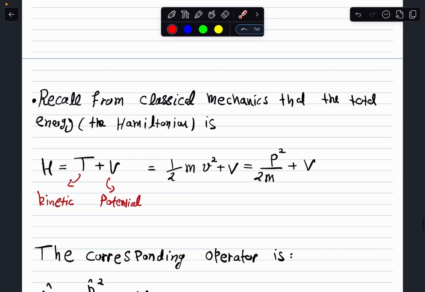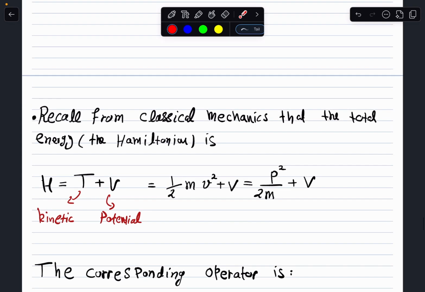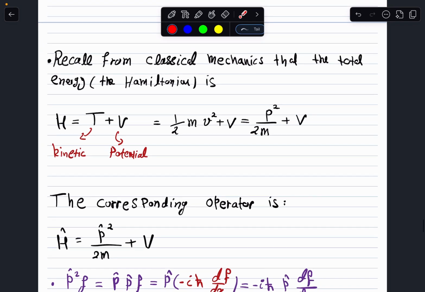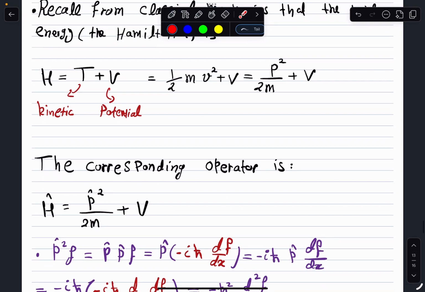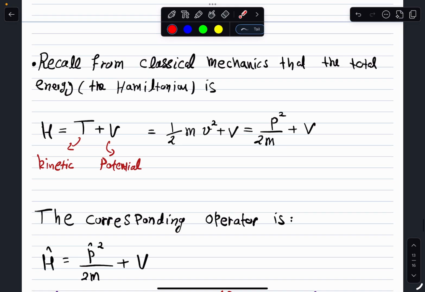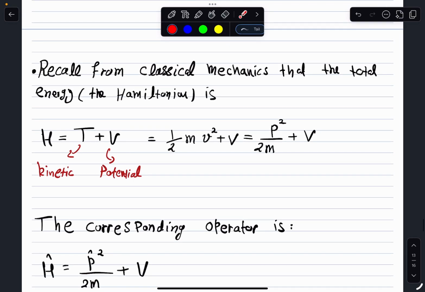Now if we want to change it to operators, because in quantum mechanics we usually deal with operators, we simply change the momentum to be a momentum operator, and the potential will be the same, because the potential is a function of x, and we know that the operator for x is x itself, so the potential will not be affected. Now what do we mean by the operator squared?